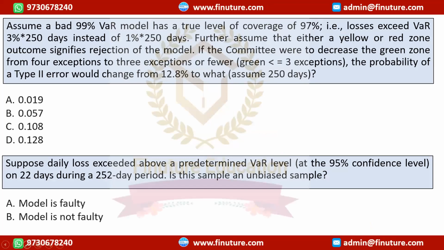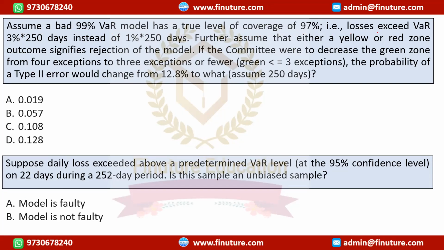So this was one of the queries that was asked in one of the groups. I think there is some typo here. Say, for example, there is a 99% VaR model that has a true level of coverage of 97%. Actually it's 99%, but the true coverage of that model is 97%.